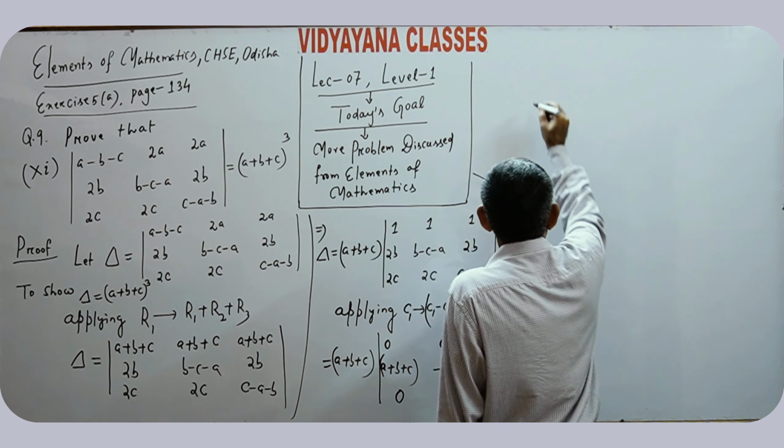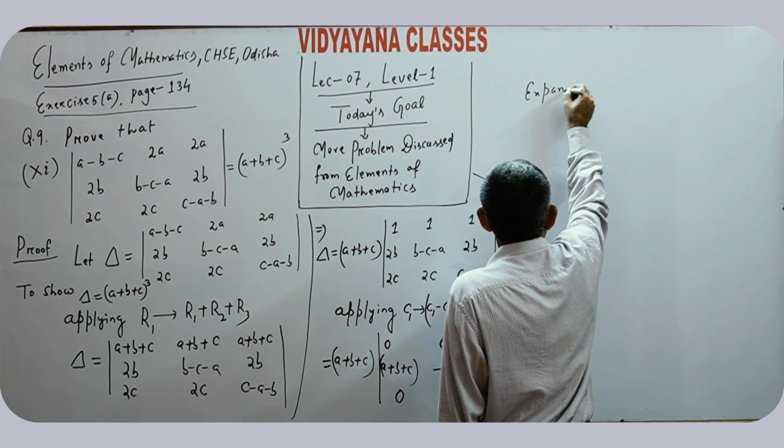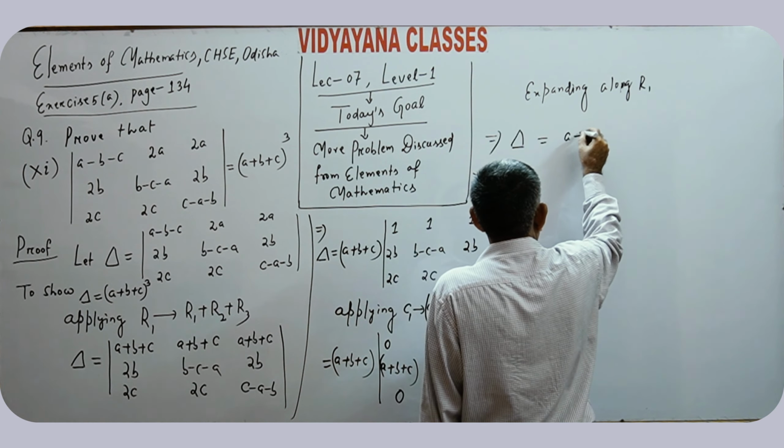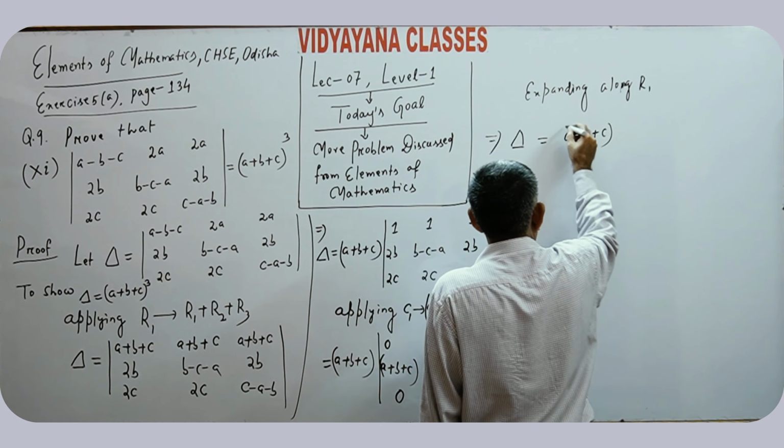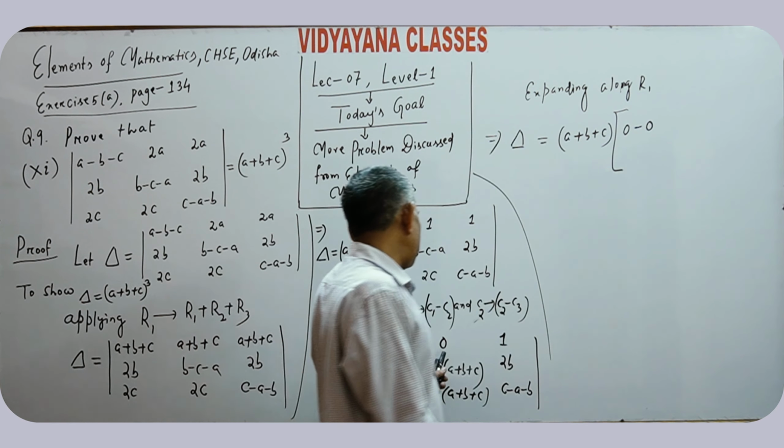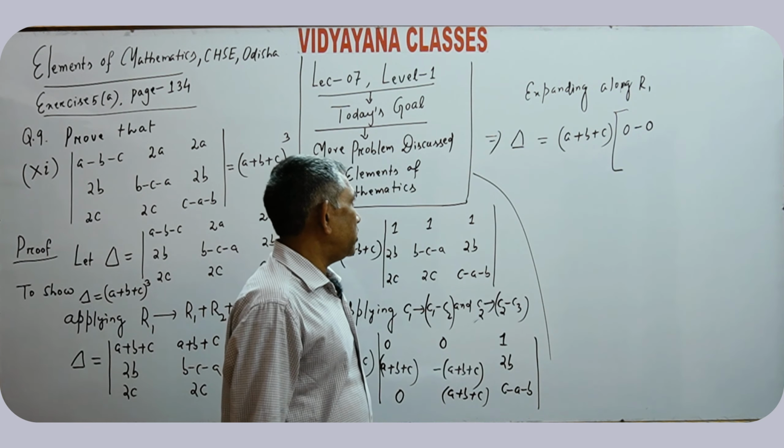Expanding along row 1 implies del is equal to a plus b plus c, 0 into its minor is 0. Minus 0, the sign of this element is negative. 0 into its minor is also 0. Plus 1 into its minor, plus minus plus.